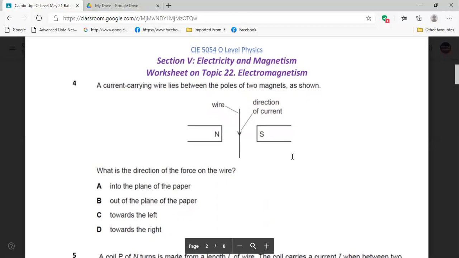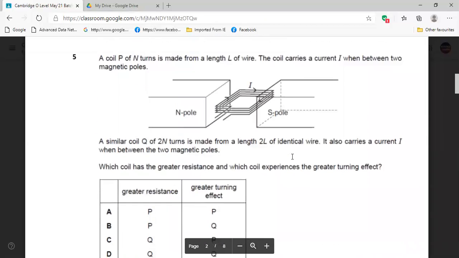So use Fleming's left hand rule. Sir, B. Out of the plane of the paper. Very good.